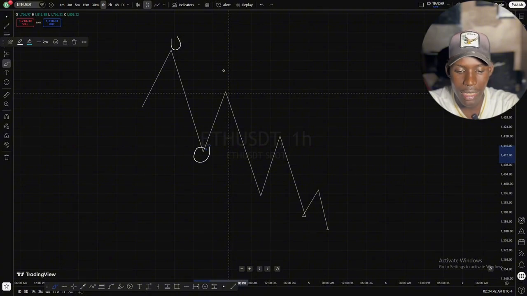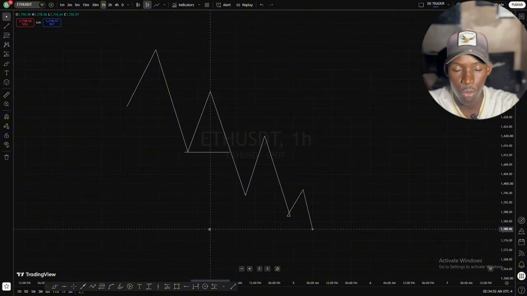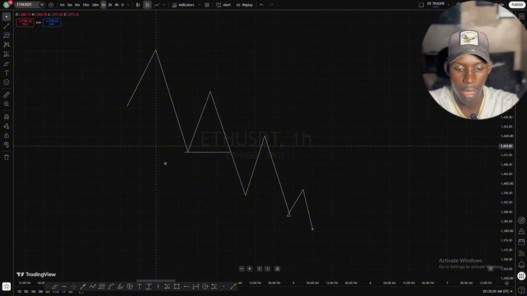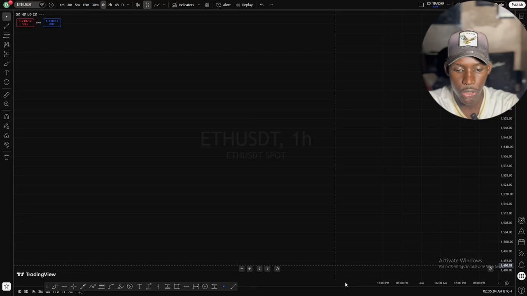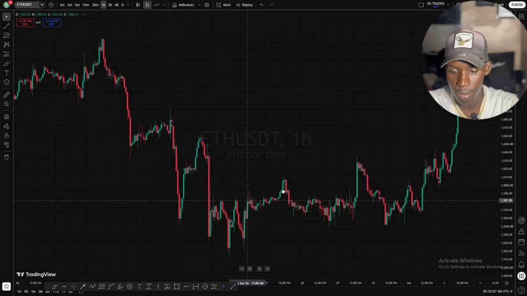And the market is always creating break of structure towards the downside, the opposite of the uptrend. Uptrend always has break of structure toward the upside, while the downtrend structure has break of structure toward the downside. So now let me go into the chart and show you where we find a downtrend structure and how we can figure it out in the market.